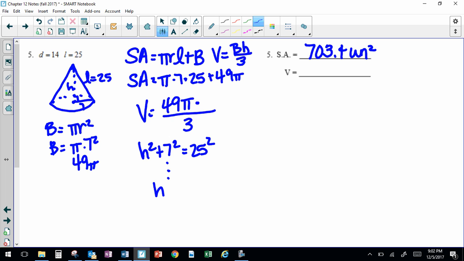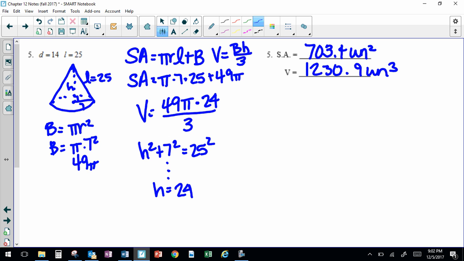And after you do the math, you get that the height is 24. So then 49 times 3.14 times 24, all divided by 3, should get you 1,230.9 cubic units.